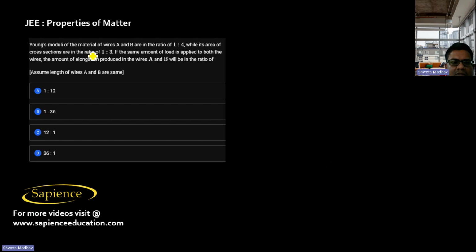Now the Young's moduli of the materials of the wires are in the ratio 1:4. So YA is to YB equals 1:4, while their areas of cross section are in the ratio 1:3.